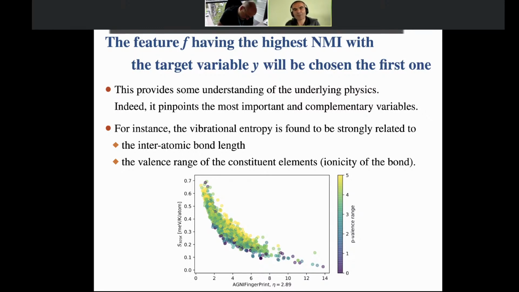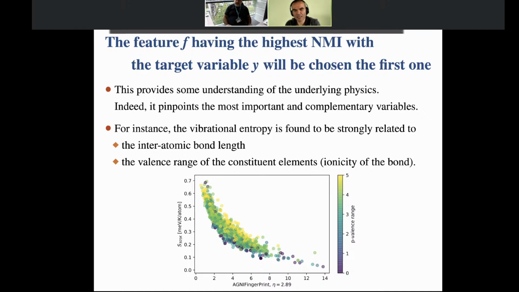I'm going to show you here the example of the vibrational entropy that I was mentioning. So based on our calculation of the phonons, we had the vibrational entropy on roughly 1,500 materials, and we tested this algorithm, and we saw that the first feature that has the biggest normalized mutual information with the entropy is something which is related to the interatomic bond length, which is not very surprising.